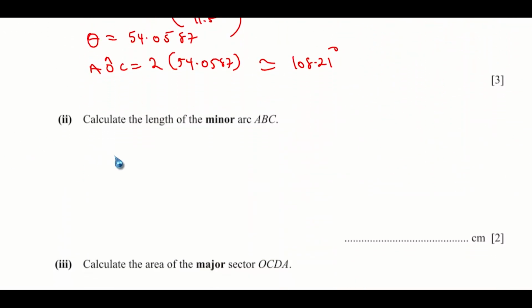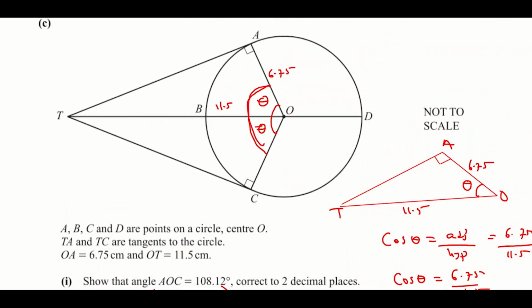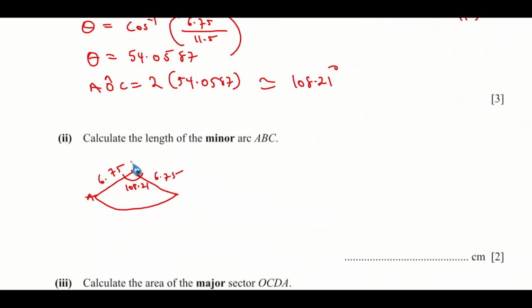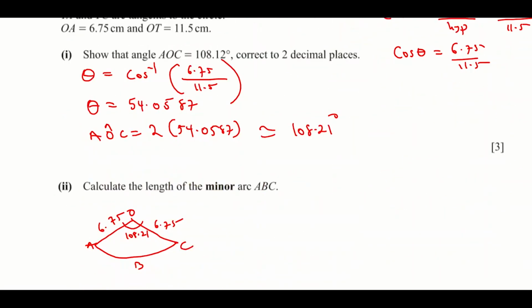Okay, so that means we have something like this. This is 6.75, 6.75, and the angle here is 108.21. So we want to find this minor arc ABC.